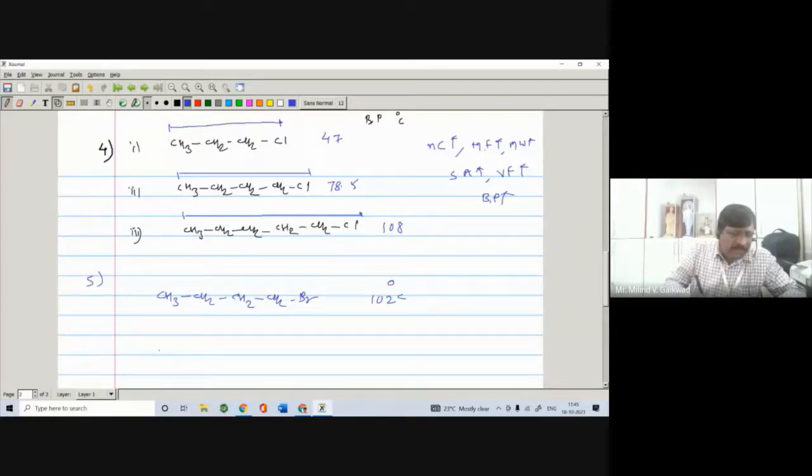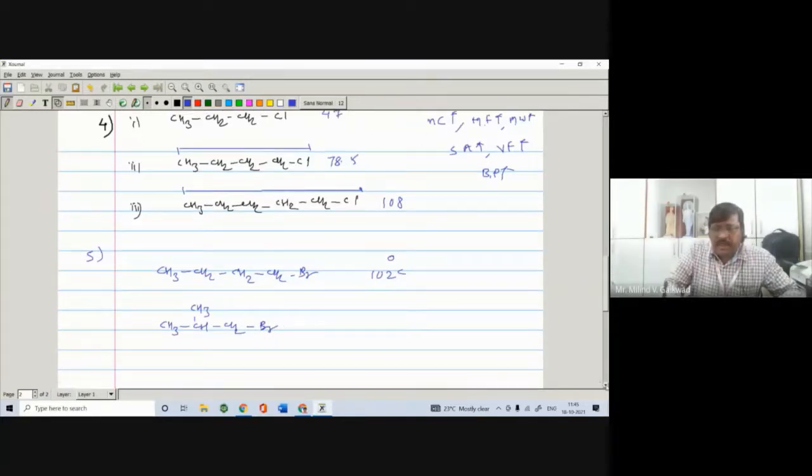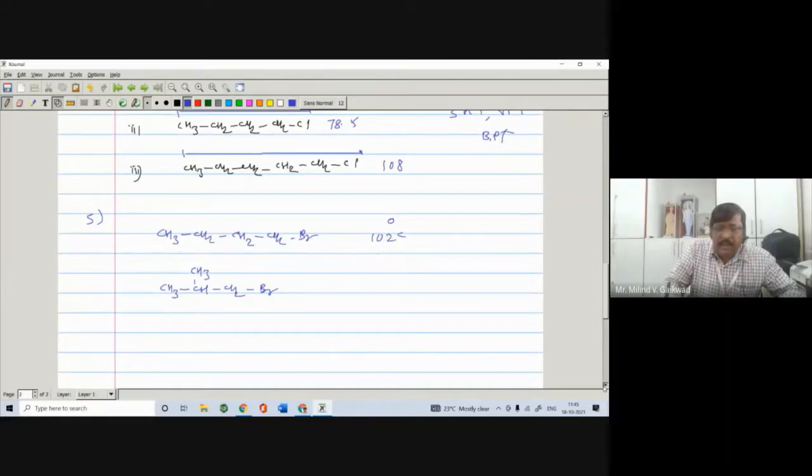And if you increase the branching of the methyl, here is the CH3, here is the H, here is the CH3, and here is the CH2 and Br. Both have the same number of carbon atoms, same molecular formula, same molecular weight, but the boiling point of the second one is found to be 91. Isobutyl bromide 91, and n-butyl bromide 102.